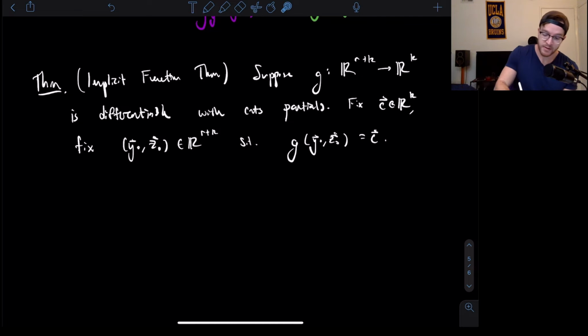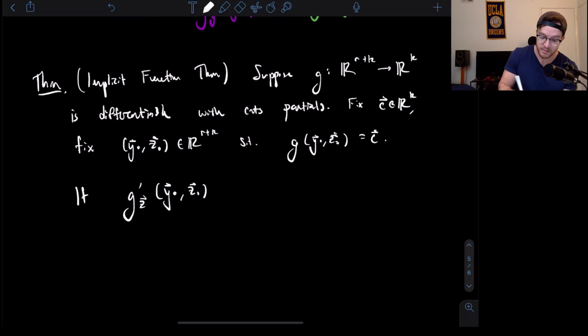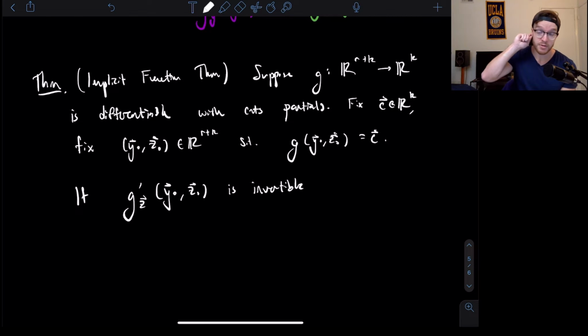Okay, the punchline is: if the submatrix G prime sub Z at the point (y naught, z naught) is invertible, remember this is a square matrix, it's k by k, then the answer is yes.